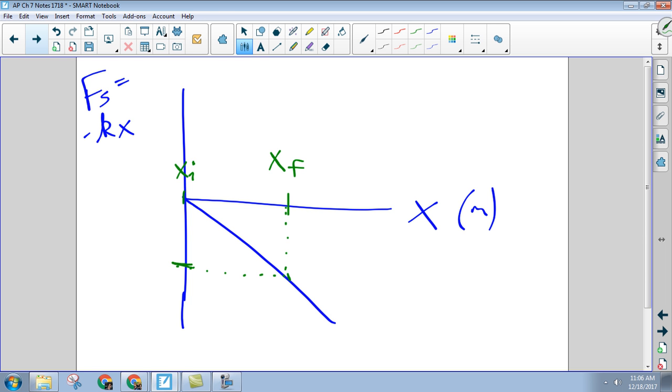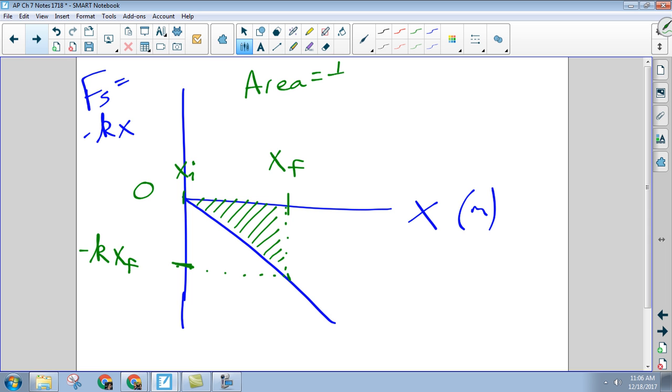This force right here is going to be negative k times x final, right? And this one is 0, right? Good? So area of a triangle, because we're looking for this area, right?